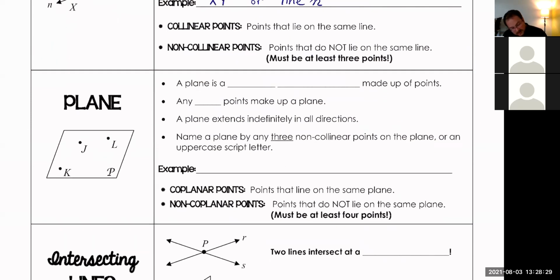Next definition here is a plane. Most of us would describe a plane as being a flat surface made up of points. Now, any 2 points can form a line, but any 3 points can make a plane. A plane does extend indefinitely, forever and ever and ever, in all directions. So imagine a sheet of paper that never stopped going in each of the 4 directions.